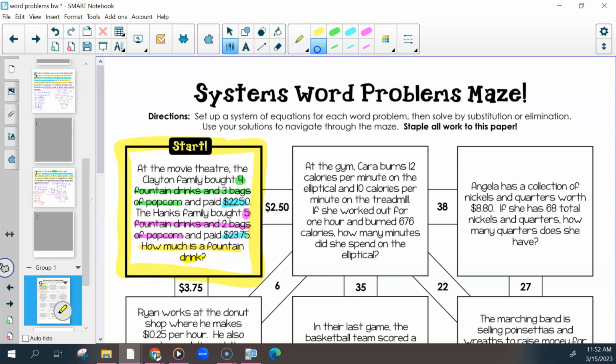So since we're only looking for one of the two things, we don't have to solve twice. So on your scrap sheet of paper, this is where we're going to do this work.